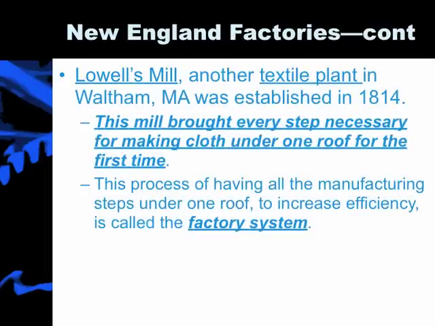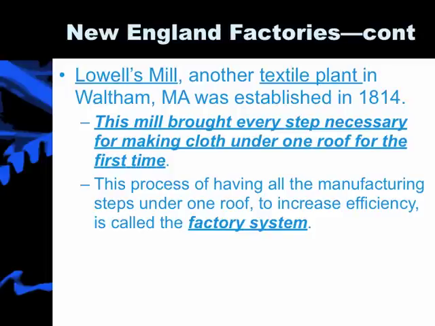Lowell's Mill, another textile plant in Massachusetts, was established in 1814. This mill brought every step necessary for making cloth under one roof for the first time. This is the first factory in the United States, because a factory puts all the steps under one roof for a certain product, and what this does is it increases efficiency.